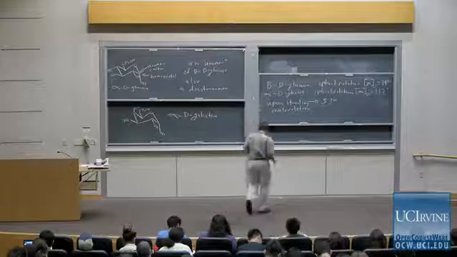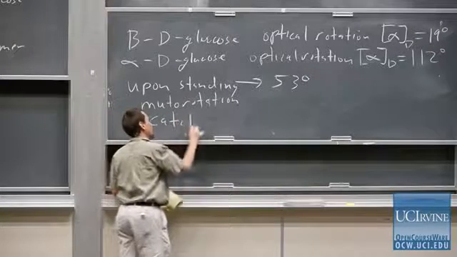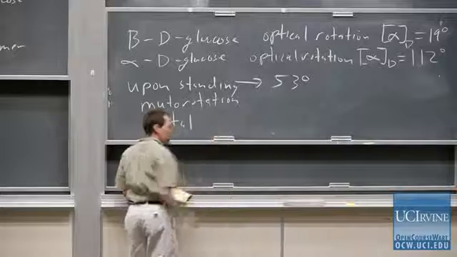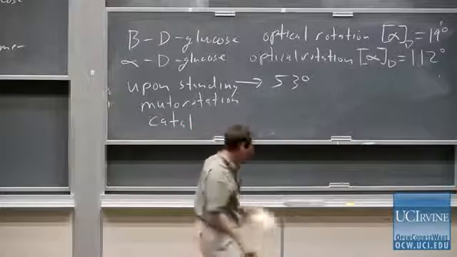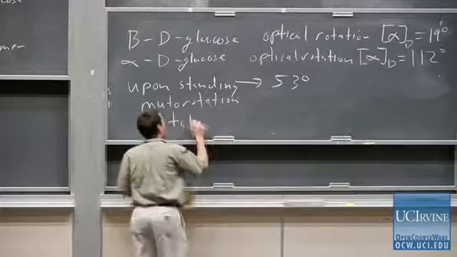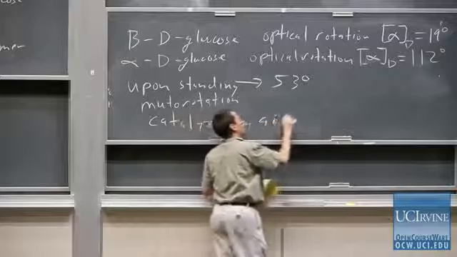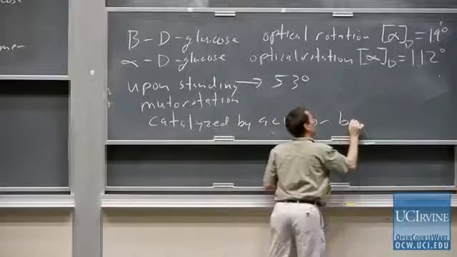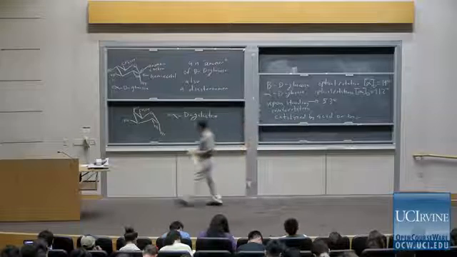And it's going to be catalyzed by a little bit of acid or base, but as I said, even neutral water has acid and base in it. 10 to the negative 7th molar hydroxide, 10 to the negative 7th molar hydronium ion. So in other words, the catalyst would just speed up the process.